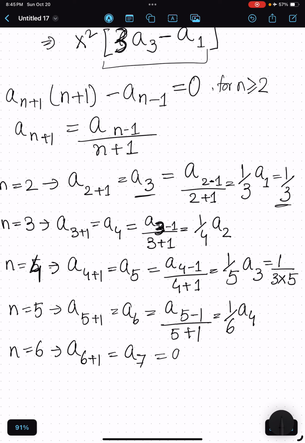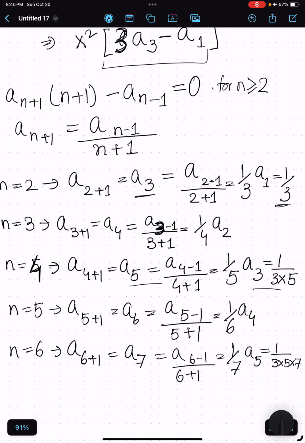Then I have a sub 6 minus 1 divided by 6 plus 1, which is 1 by 7, a sub 5. Again, substituting my a sub 5 value from here, so I have 1 times 3 times 5 times 7.